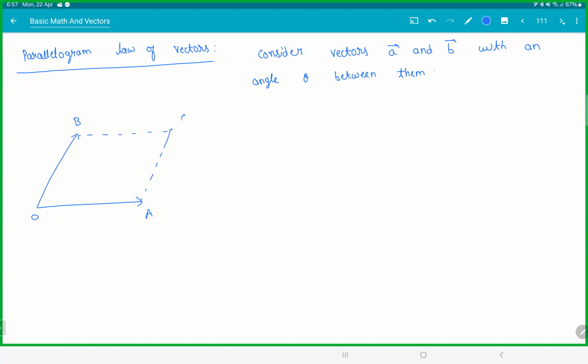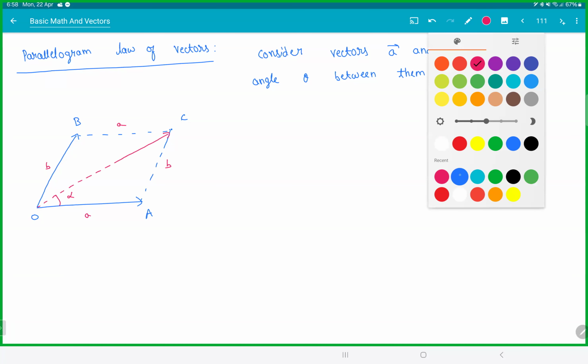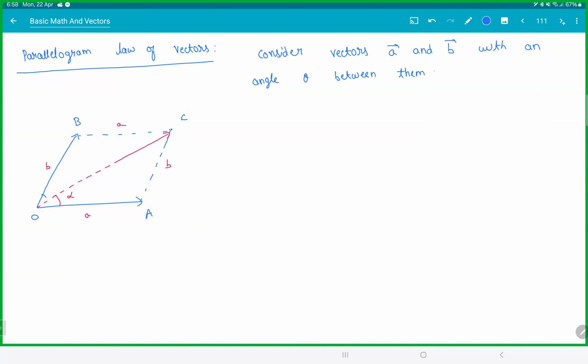The resultant will be C. So if this was A, this was A, this was B, this was B, this is the resultant, with angle alpha, and this angle is theta. So basically what you got is a parallelogram here. We need to find that OC length when A and B are given.